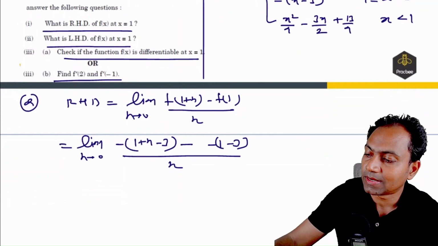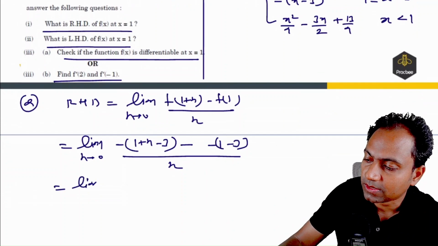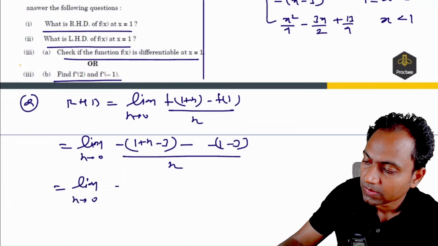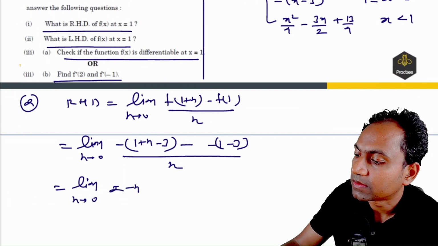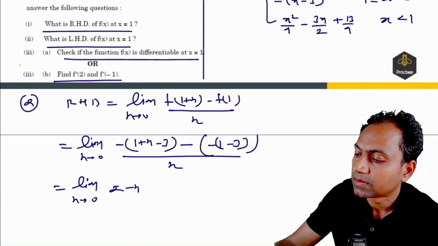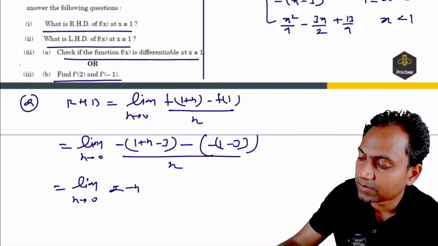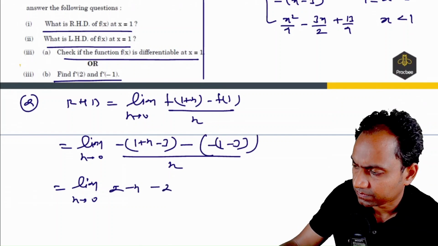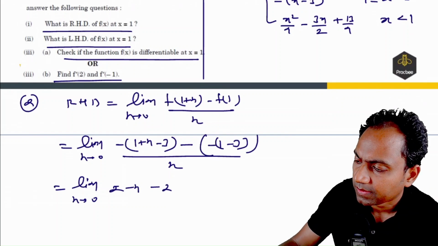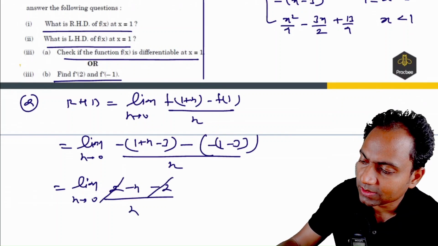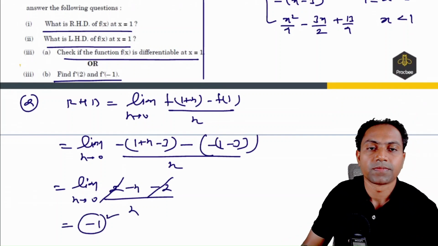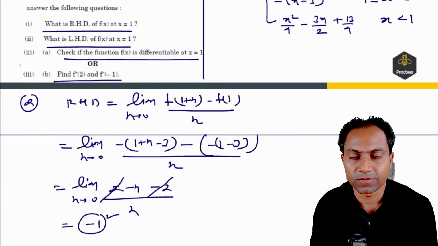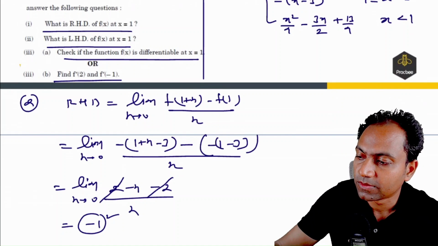You can see that what is remaining here is limit h tends to 0 of 2 minus h, and this is again nothing but minus 2 by h. So minus 2 and 2 get cancelled out, and the answer comes out to be minus 1. This is the answer to the first part of the question. Let us write this as part 1.